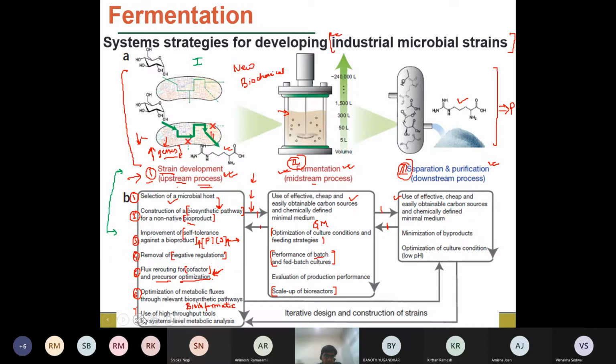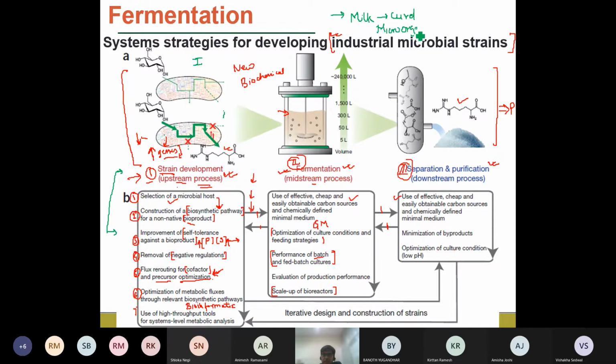starting from when you are going to produce your desired product. So how do we modify? Generally, suppose you are going to develop a microbial strain that is used for, for example, the production of yogurt. From the milk, we make, for example, the curd, and that is being done by some sort of microorganisms.